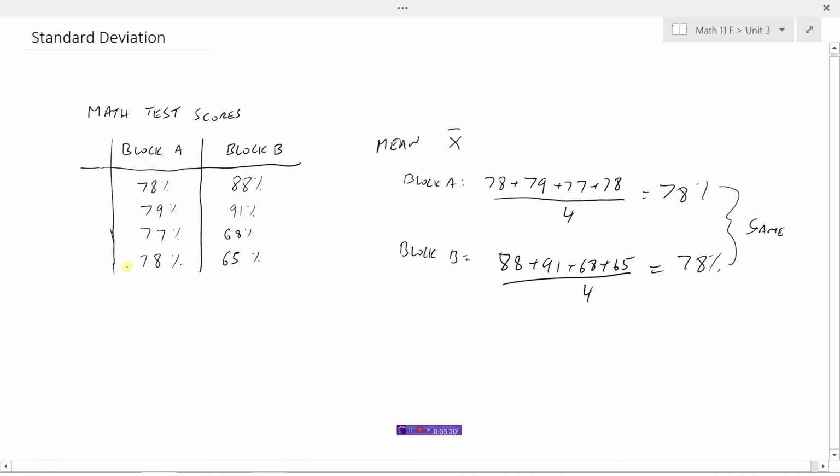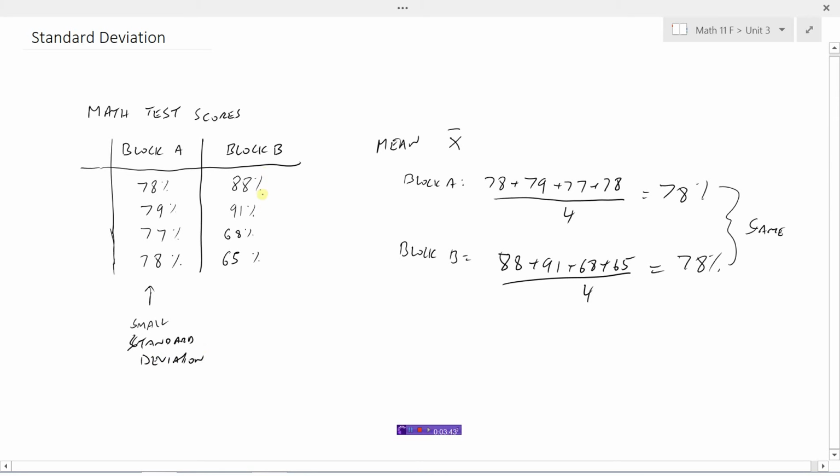So in Block A, we would say that there would be a very small standard deviation because almost everybody is right around the average. So this would have a small standard deviation. A small standard deviation here.